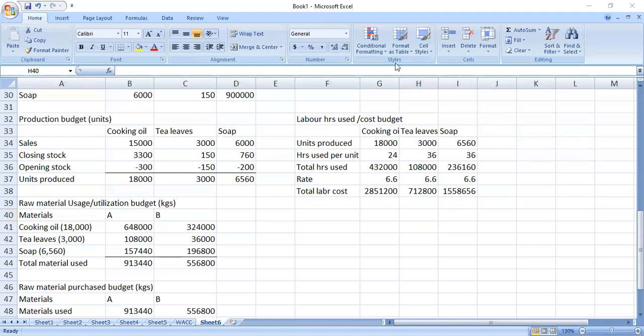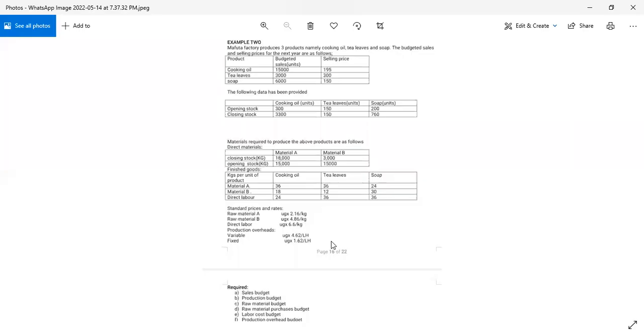Okay, we're seeing it here also. So I can also do the last budget, which is the overhead. Okay. Production overhead budget. Still, like I already said, it's always dependent on the production budget in terms of units. So otherwise here they say that you have the variable and the fixed. Okay, but these ones are dependent on labor hours.